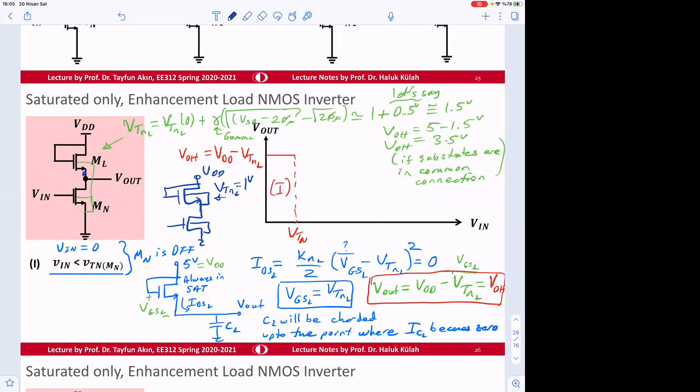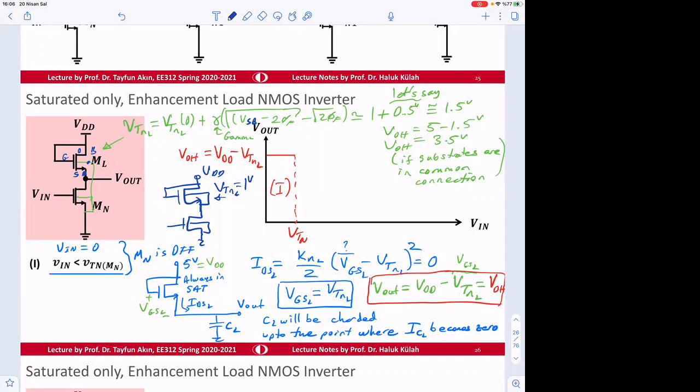Because this is the bulk. So here source to bulk is going to be, let's say, 4 volts, but then the voltage will drop. So we can use iteration to find out the value. It settles and it's going to be something like 3.5 volts. Not good, but it's acceptable as a high voltage.